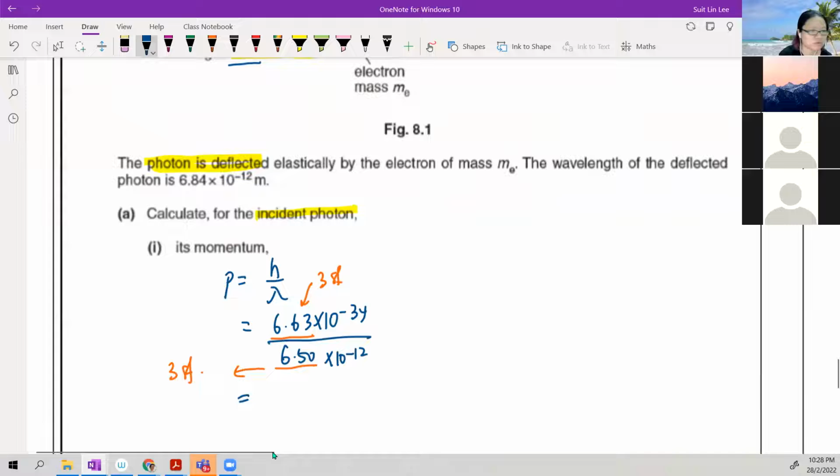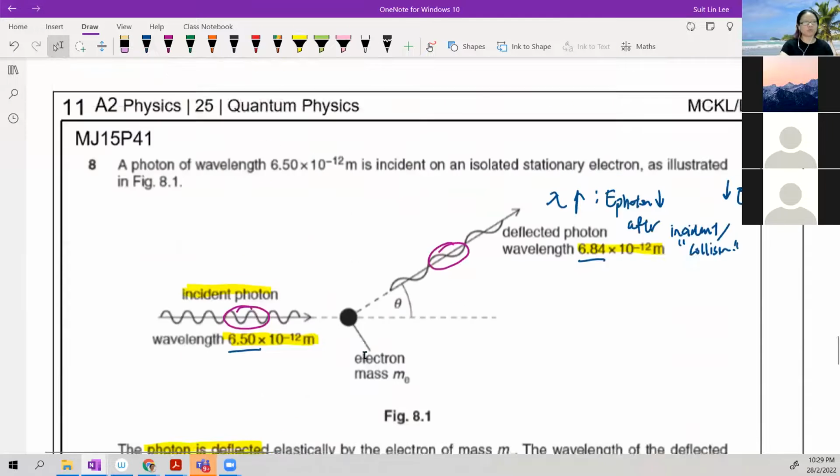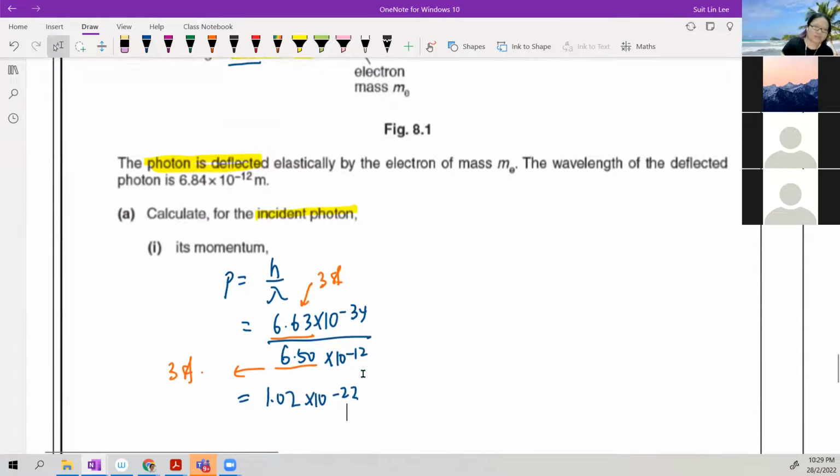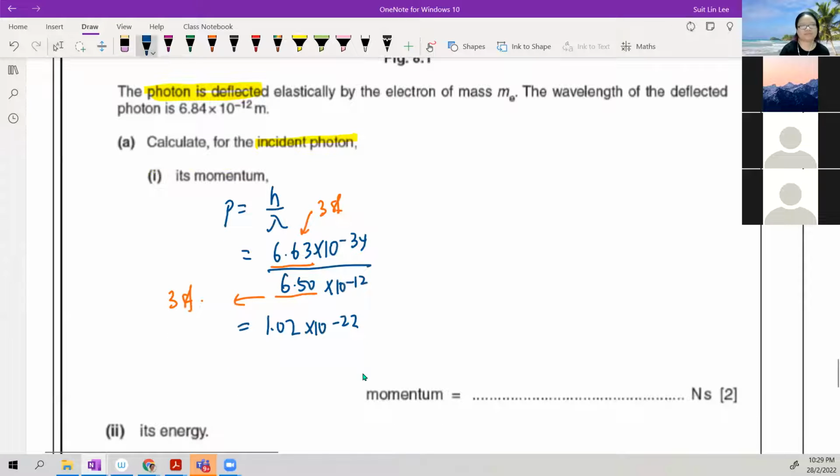And finally, you write these two. You get 1.02 times 10 to the power -22 for one photon.